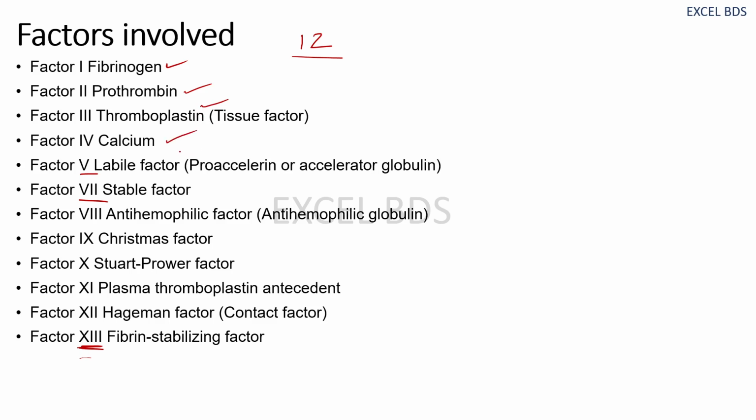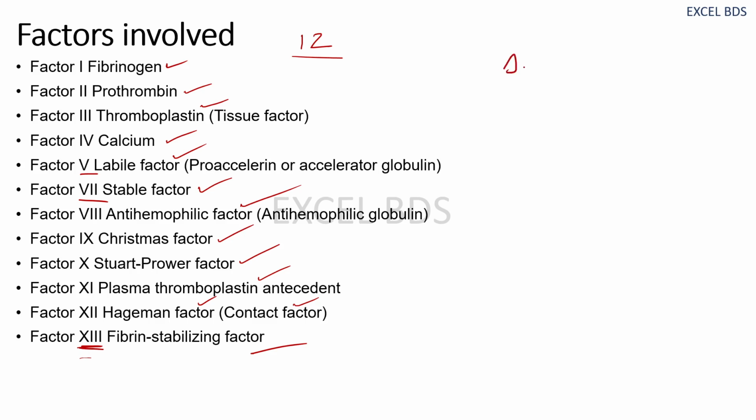Factor 4 is calcium, factor 5 is the labile factor, factor 7 is the stable factor, factor 8 is antihemophilic factor, factor 9 is Christmas factor, factor 10 is Stewart-Prower factor, factor 11 is plasma thromboplastin antecedent, factor 12 is Hageman factor, also called the contact factor, and factor 13 is fibrin stabilizing factor.